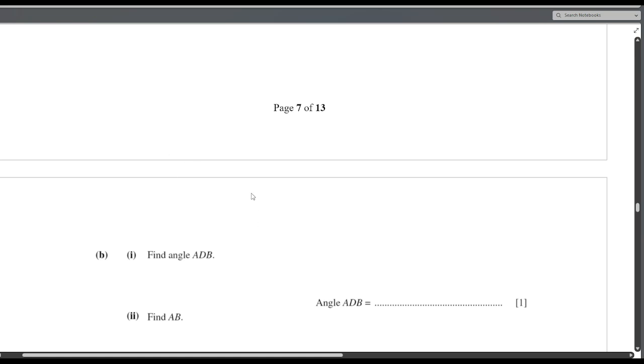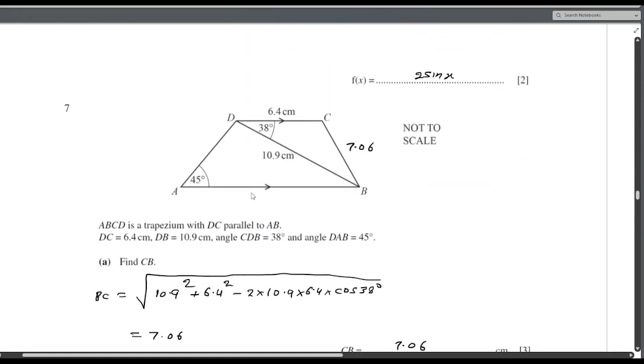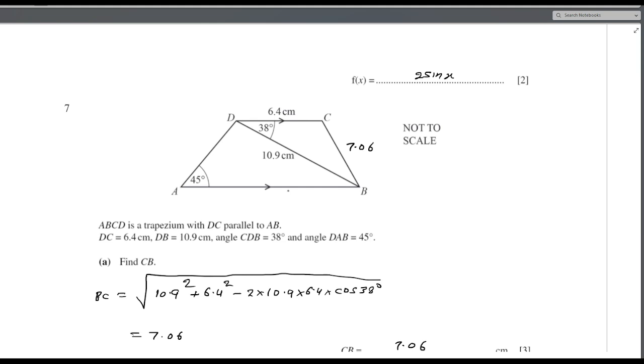Now part B is to find angle ADB. This is the angle I need to find out. See that CD and AB are parallel.